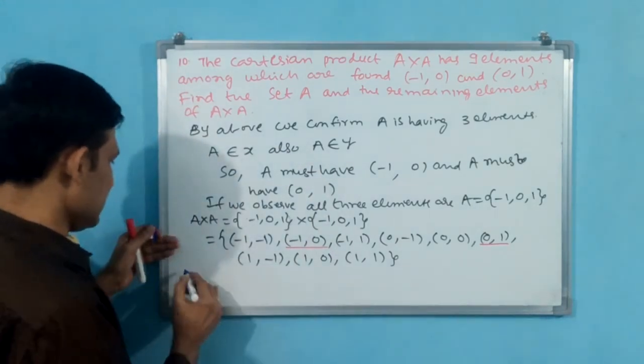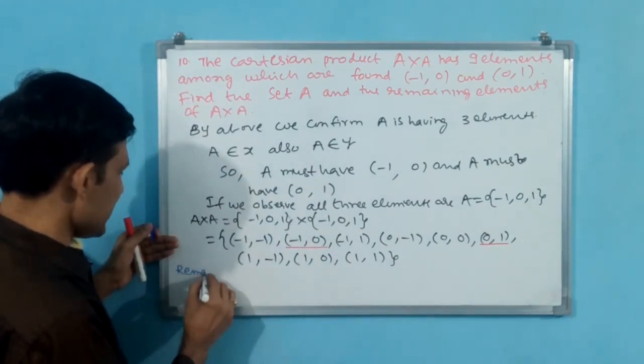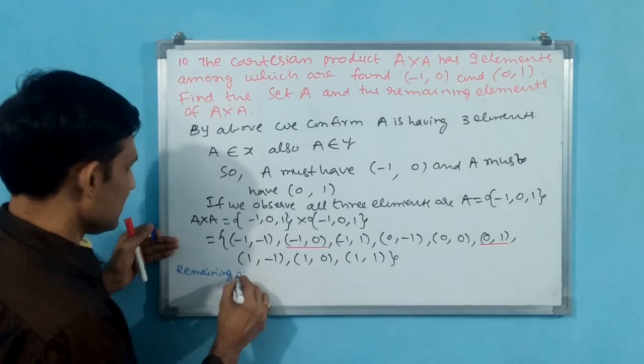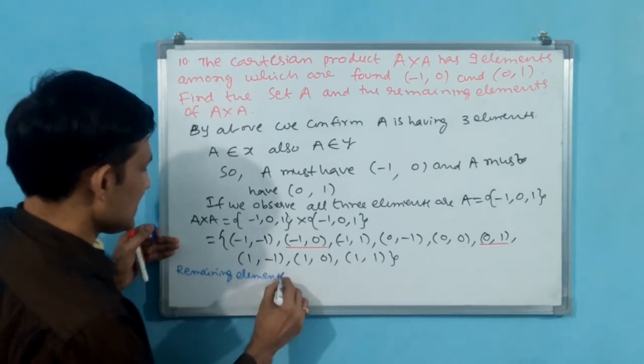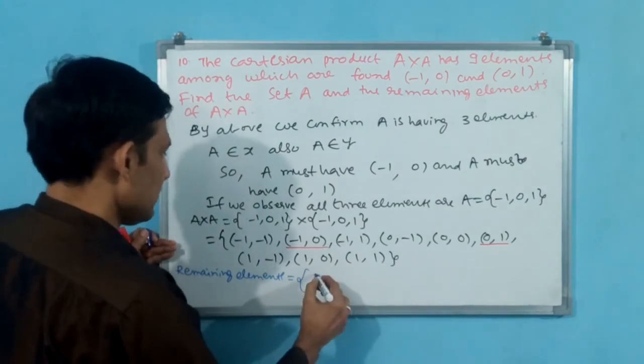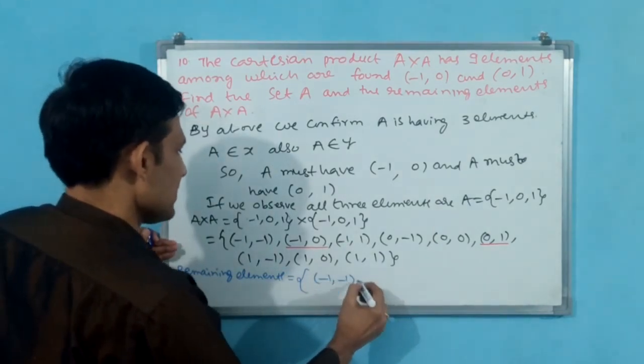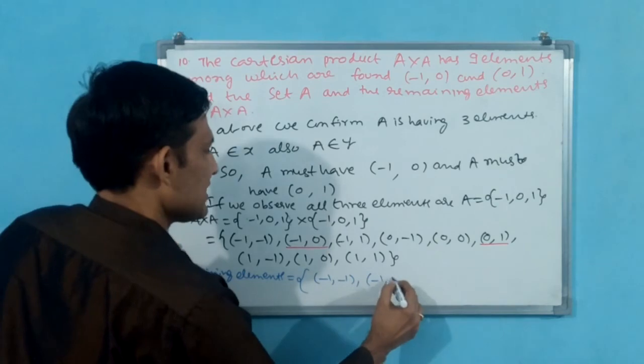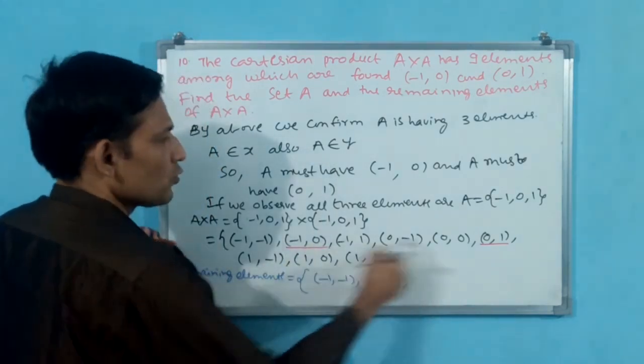Remaining elements is equal to: now you write all the remaining elements as pairs. -1, -1, then -1, 1. Why? Because these two you should not take again.